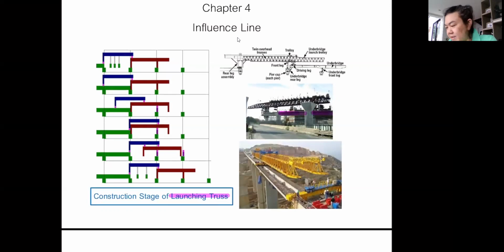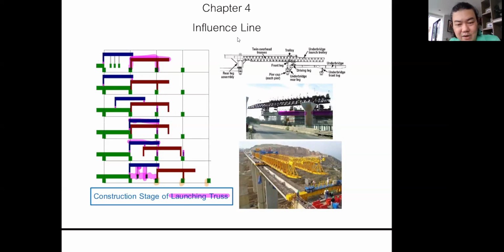So you can see from this diagram that the truss will launch itself out like this, and then the blue portion will move in pursuit. And then when the blue portion reaches here or here, they drop the segments to create this new portion of your structure. But we need to have the launching truss, and it will move along the piers that have already been constructed before that. See the piers here, and so these are the piers.